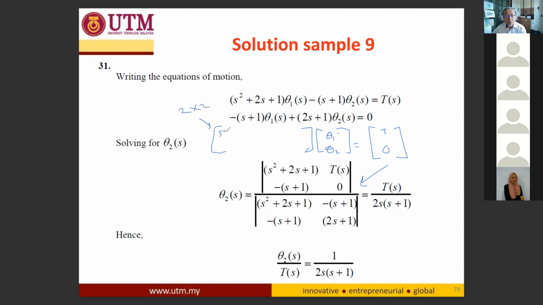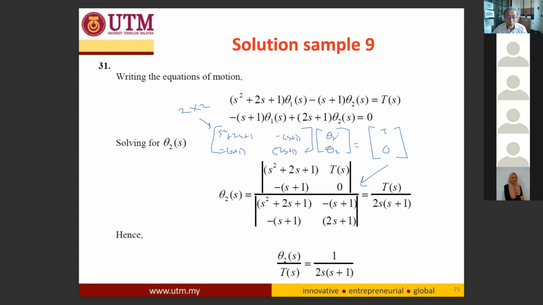This is s squared plus 2s plus 1, and then this one is minus s plus 1, and this one is minus s plus 1, and this one is 2s plus 1.